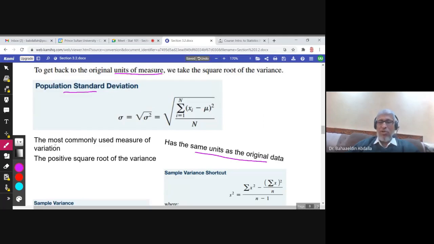It is the most commonly used measure of variation. So in the calculator, you see the standard deviation, the variance is not there. But of course, if you have the standard deviation and you need the variance, you raise it to the power 2.